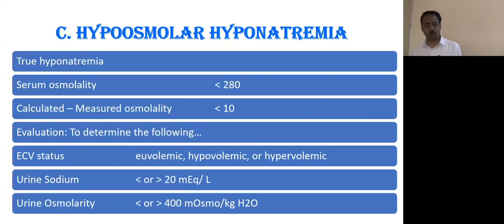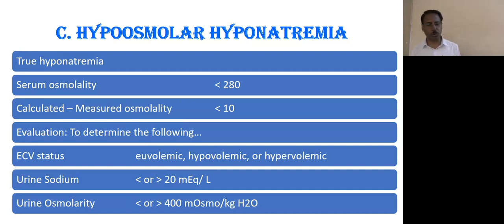So what we are going to talk about now is hypoosmolar hyponatremia. That means there's a true hyponatremia, and because of that, the osmolality that you're measuring is less than 280. And using the same formulas, calculated versus measured is usually less than 10. So when you have these conditions, then we are looking at the volume status.